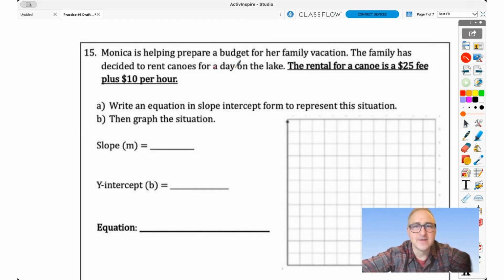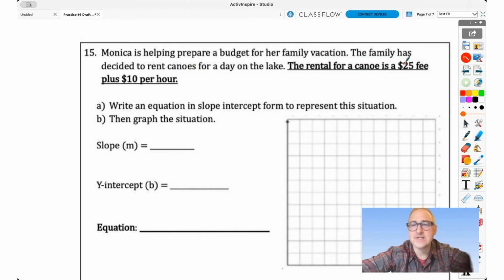Lastly, we've got this story problem. Remember in the story problem, per hour, and we have a $25 fee. So Monica is helping prepare a budget for her family vacation. The family has decided to rent canoes for the day on a lake.